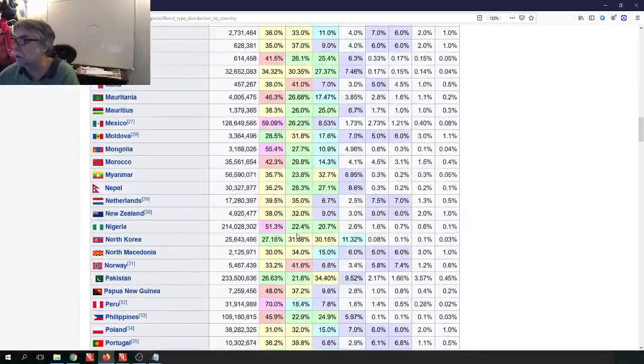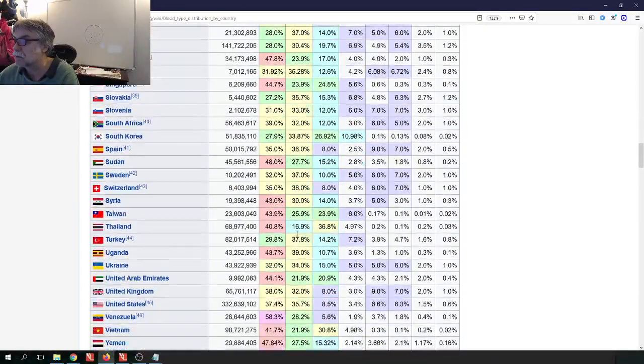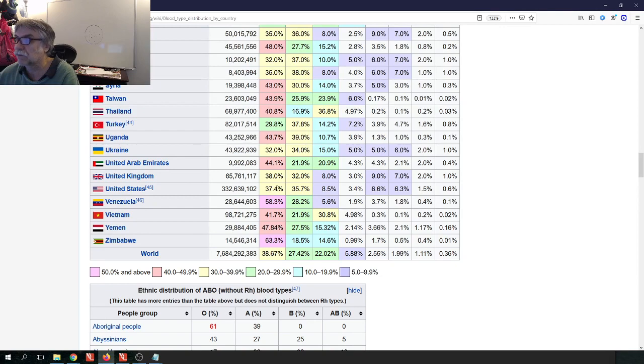The first 4 are for the plus blood type. 37.4%, 35.7%, 8.5%, 3.4%. Those are O plus, A plus, which is my blood type, B plus, and AB plus. Too bad I can't see all of what is on the top, but that's the idea, I guess.